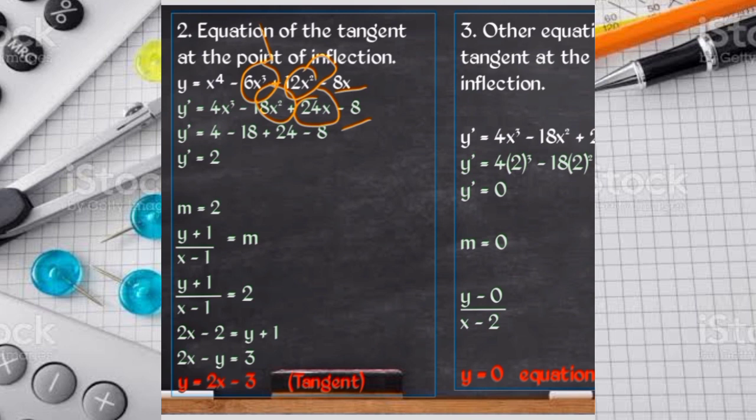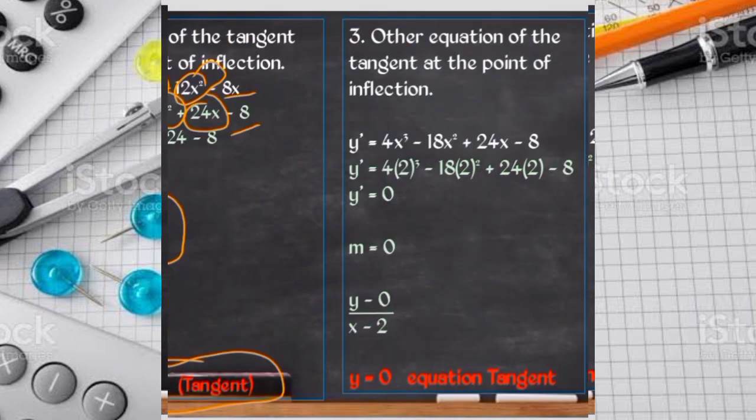We're going to find the equation of the tangent at the point of inflection, where y prime is equal to m.